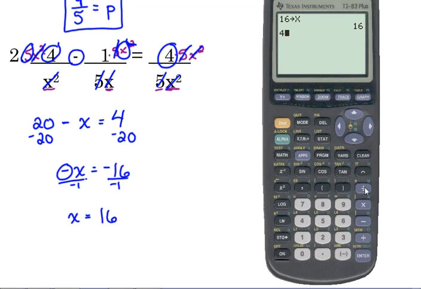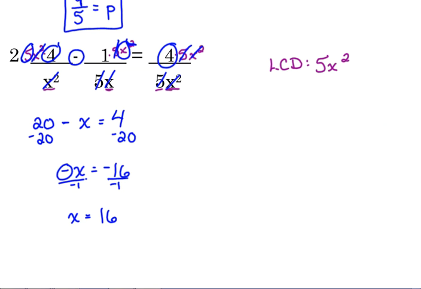It's just a whole lot easier to plug it in. 4 over x squared, no parentheses necessary, minus 1 over, parentheses are necessary here, 1 over 5x. Right side, 4 over 5x squared, 5x squared in parentheses. Same decimals, answer checks out. 16 is the correct answer.